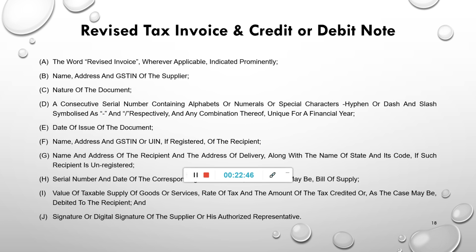Now let's discuss revised tax invoice, which includes credit or debit note. A revised tax invoice and credit or debit note has to contain the following particulars.